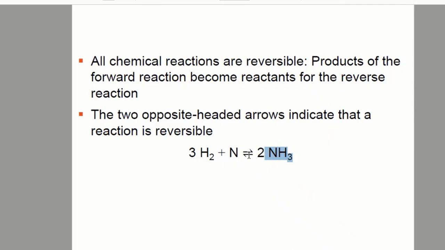So the main thing you have to worry about most in the explanation is that the two arrows, the one which is forward and the one which is backwards, or reverse, are just an indication that this is a reversible reaction.